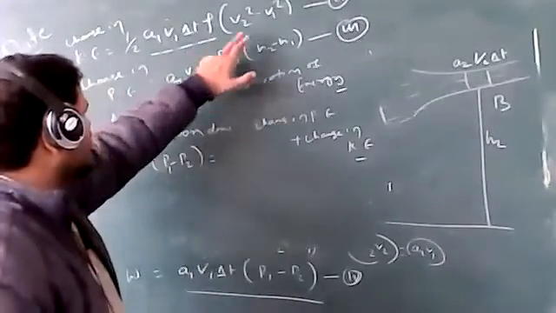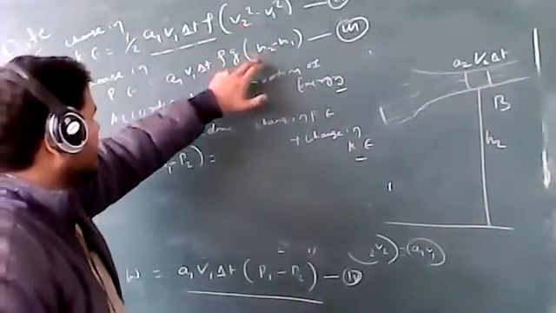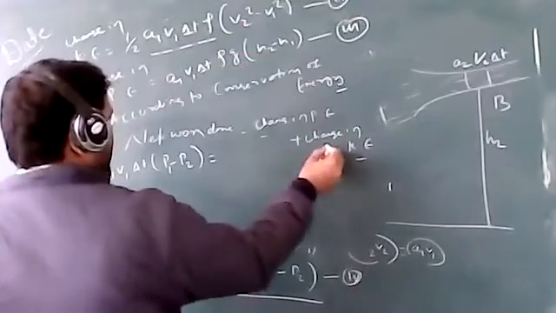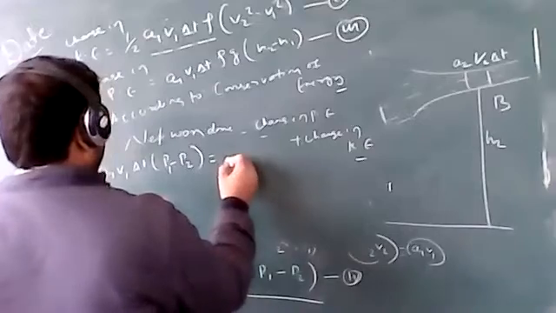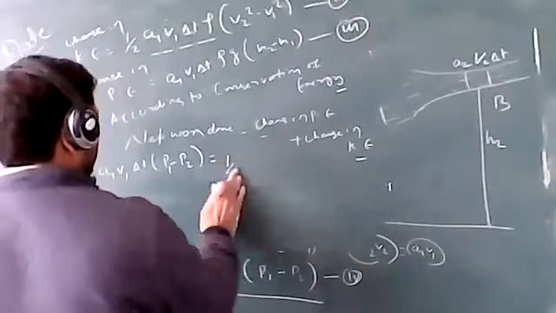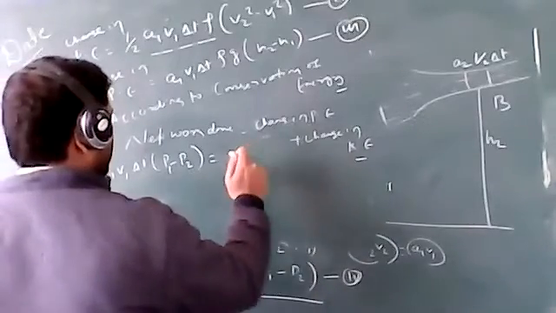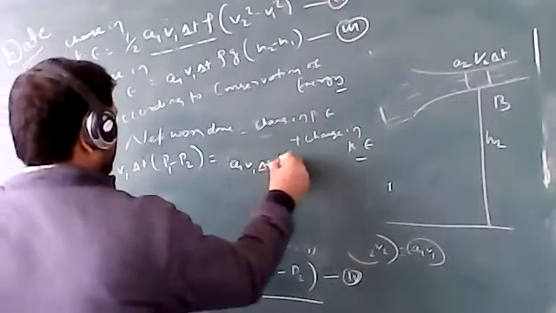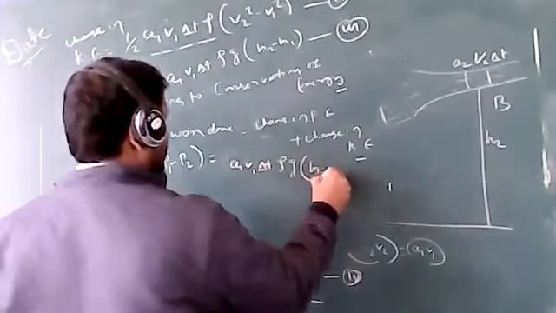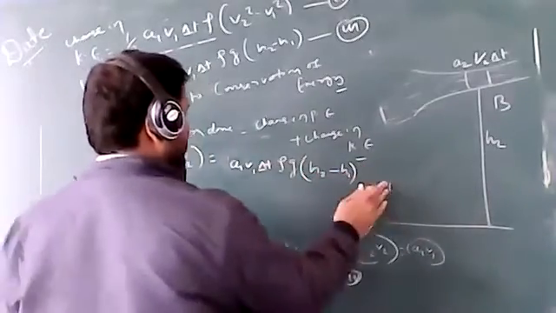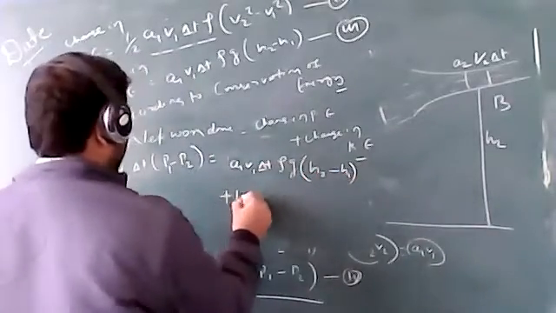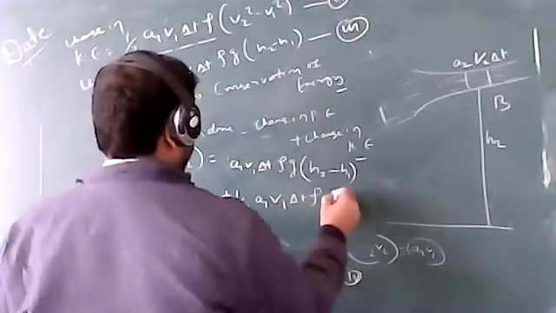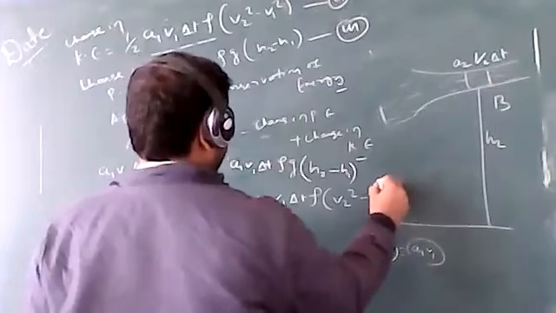Change in potential energy is A1 V1 delta T into rho into G into H2 minus H1, plus change in kinetic energy, which is half into A1 V1 delta T into rho into V2 squared minus V1 squared.